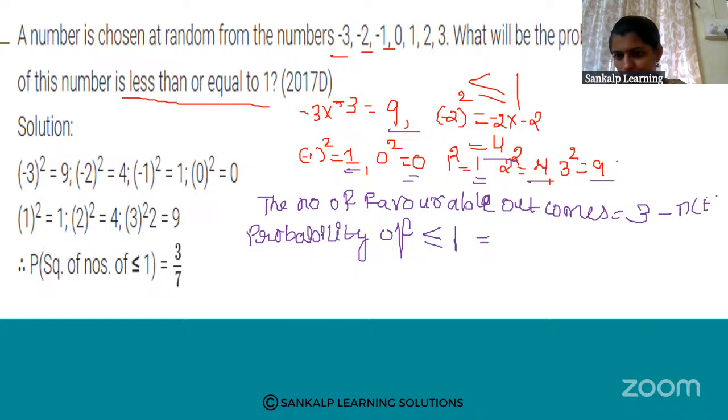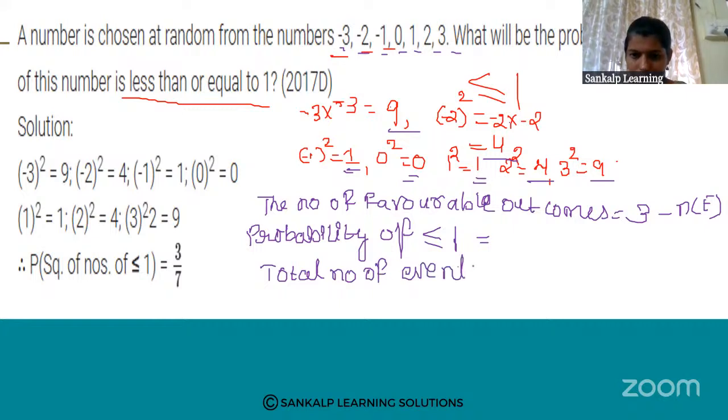So total number of outcomes is 1, 2, 3, 4, 5, 6, 7. How many numbers are there? 1, 2, 3, 4, 5, 6, 7. So n of S, total number of outcomes, is 7. Right?